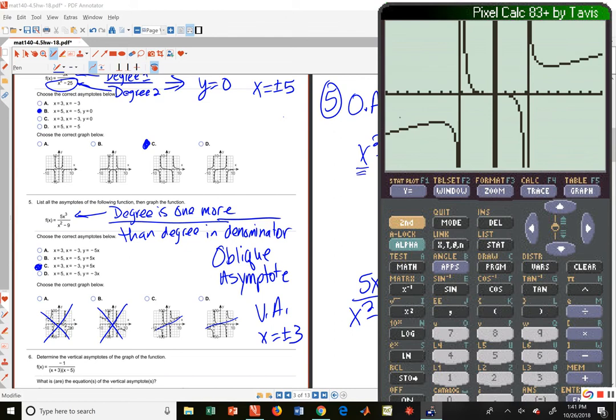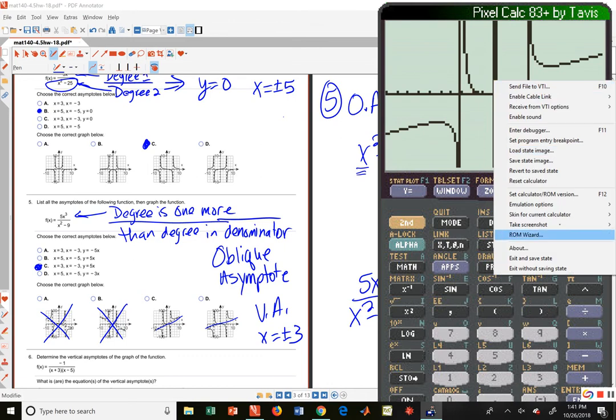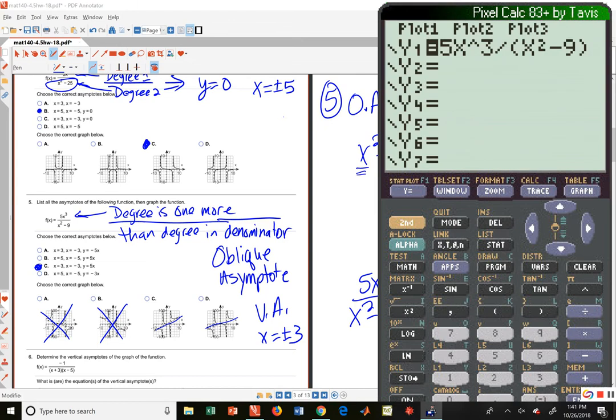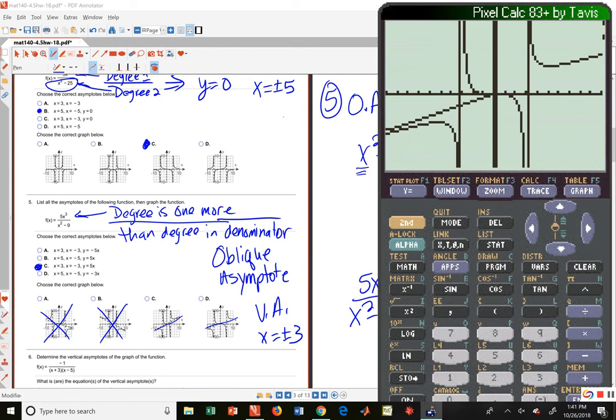Now, this steepness right here, let me copy this over so I can draw on it. That line, y equals 5x, in fact, if you put 5x in there, you'll see that is that steepness right there. And so just looking at the two, man, that is really tricky.